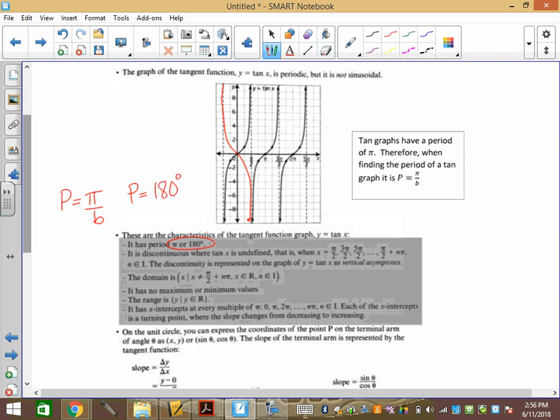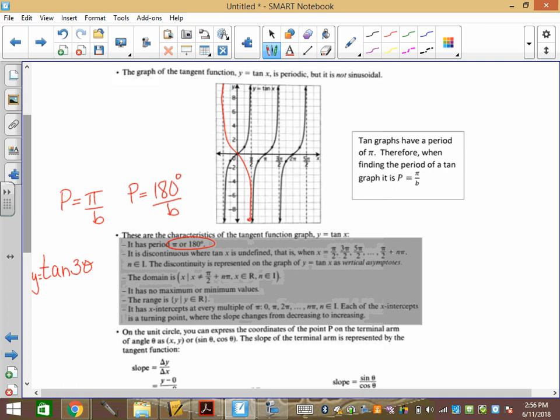So if they give you a tan equation and they ask you for the period of the graph, you would not fill it into 2 pi over b, which everyone does because they're so used to it. So if they gave you an equation like y equals tan 3 theta, what would the period of the graph be in radians?